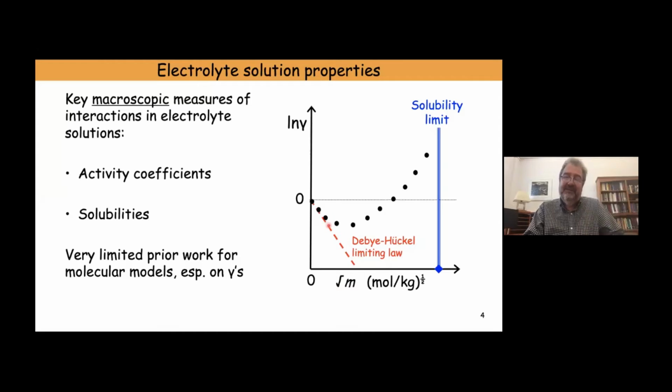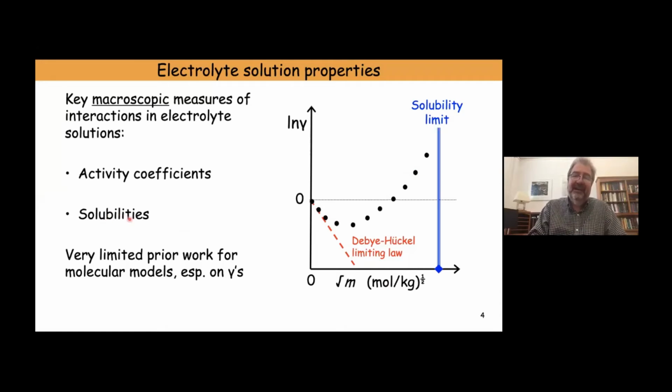So experimental data for 1,1 electrolytes, typical, would go down following the limiting law at low concentrations, and then they start bending upwards, meaning that the interactions become less favorable. And this happens because the ions start crowding around each other, they have size, and they also change the solution structure in a way that makes this interaction less favorable than at low concentrations.